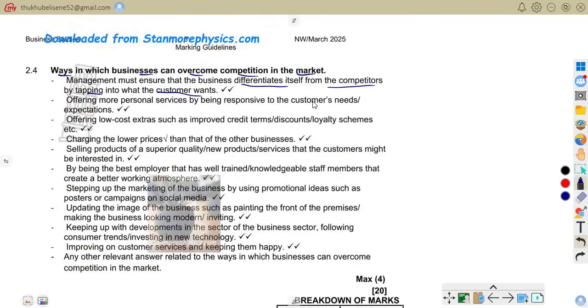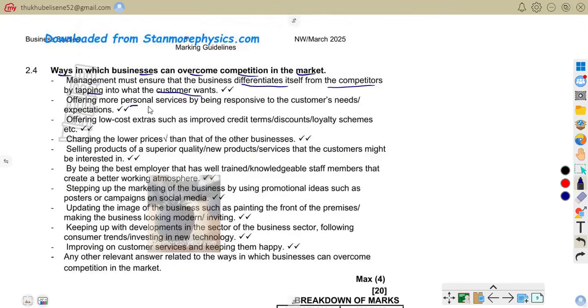So that is why we are saying differentiating products. Businesses make their products unique and better than competitors' products. Get me straight: businesses make their products unique, different from their competitors, so as to gain what? Competitive advantage. For example, a smartphone company may add special camera features just to be different from other smartphone companies.